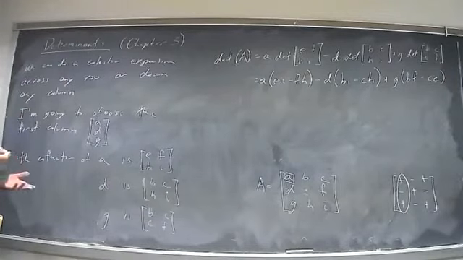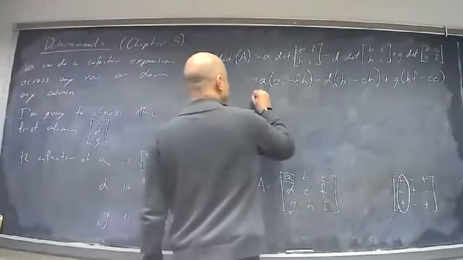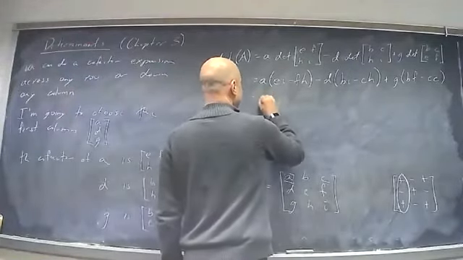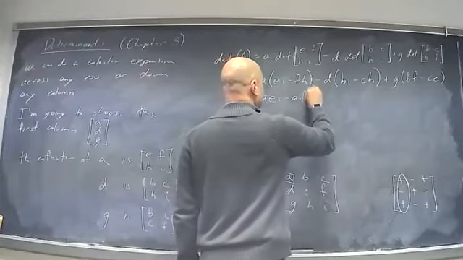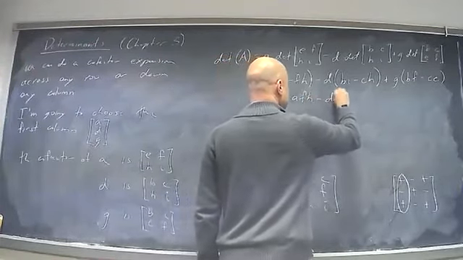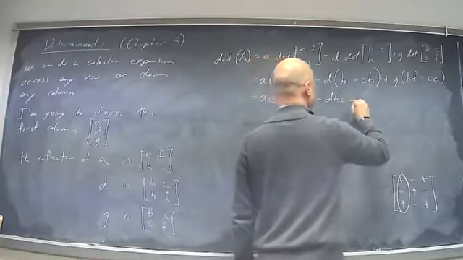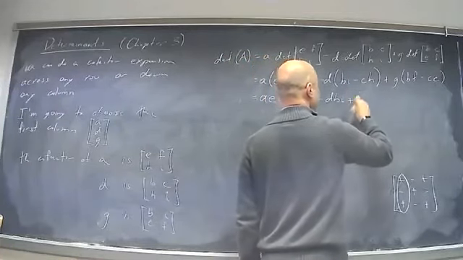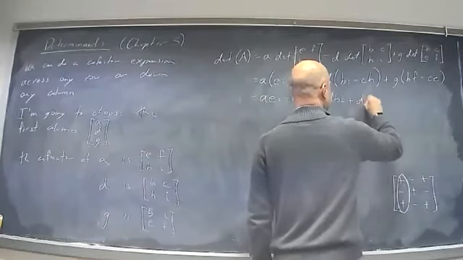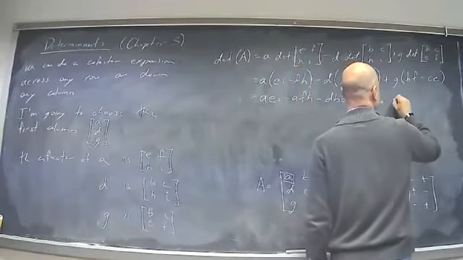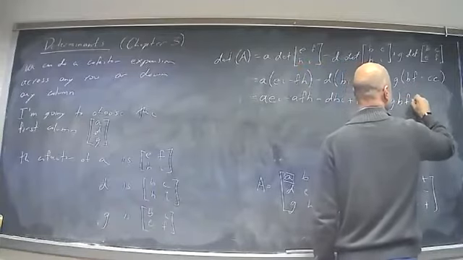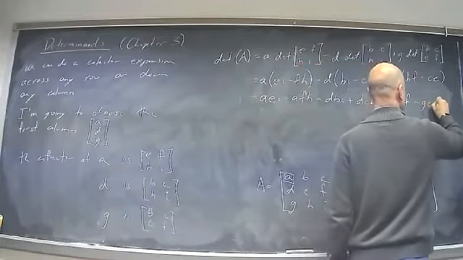And I suppose we could write that a little bit more simply. AEI minus AFH minus DBI, plus, minus times minus is plus, DCH plus GBF minus GCE.